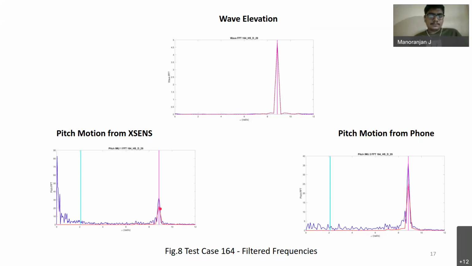What is this light blue line? The light blue line is just for reference, and it corresponds to frequency 2 pi by 3. That line actually does have a meaning. I wanted to see where the roll natural frequency is.